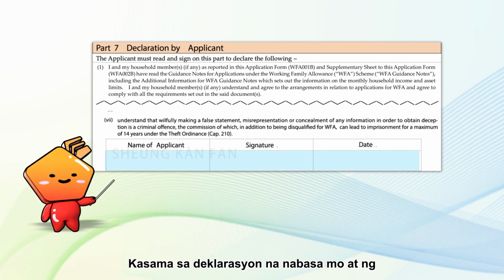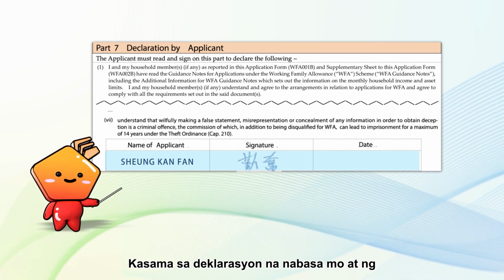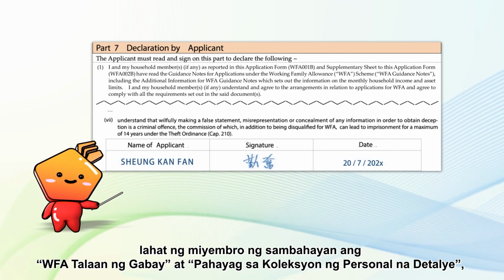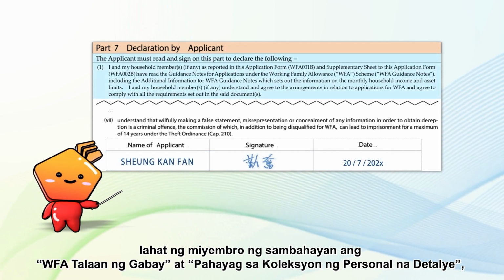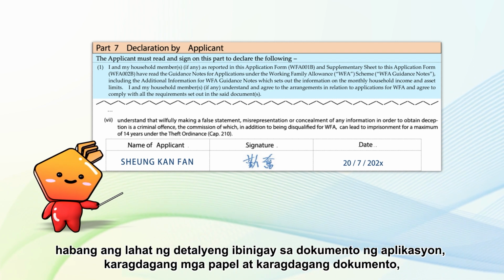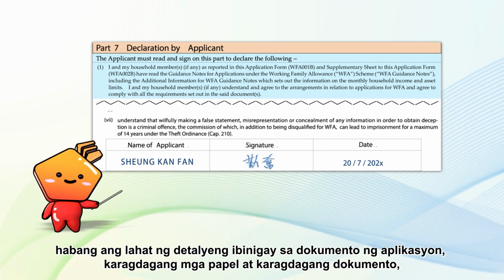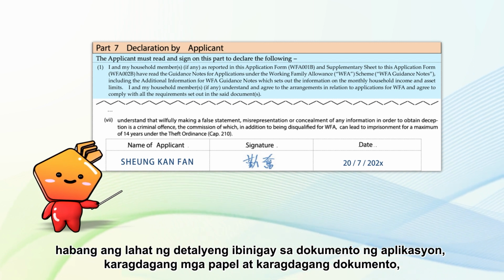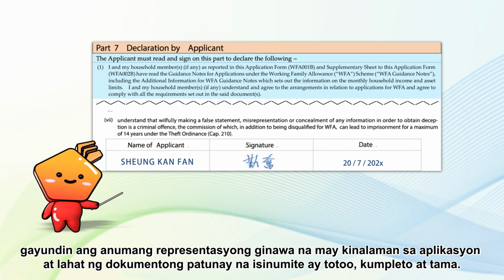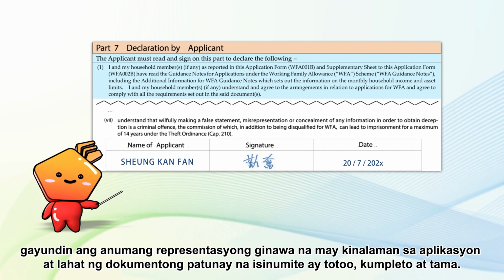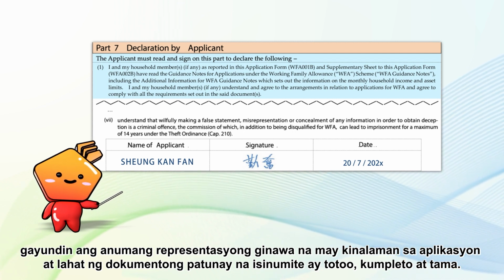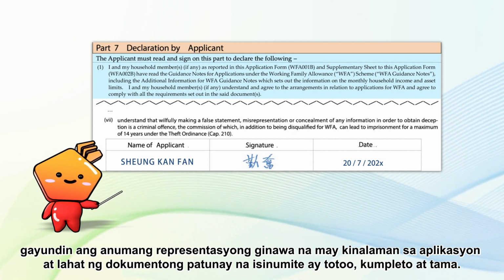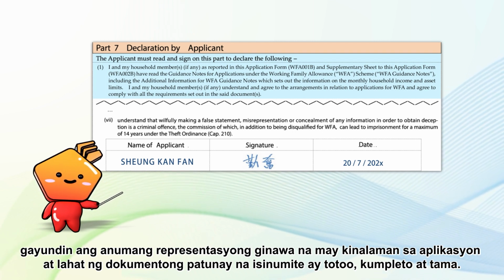The declaration includes that you and all household members have read the DUFA guidance notes and personal information collection statement. While all information provided in the application form, supplementary sheets and supplementary forms, as well as any representations made in relation to this application, and all documentary proofs submitted are true, complete, and accurate.